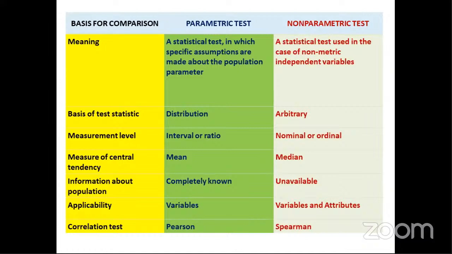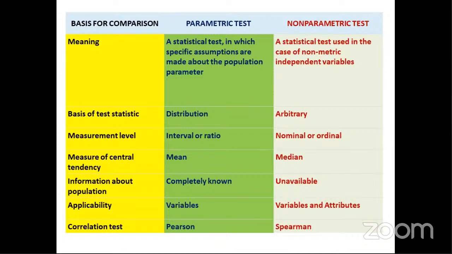So that you will be guided, because in our workshop afterwards, I will ask you to identify the appropriate statistical analysis tool that you will use in your study based on how you frame your objectives and based on the different factors that we have just discussed.